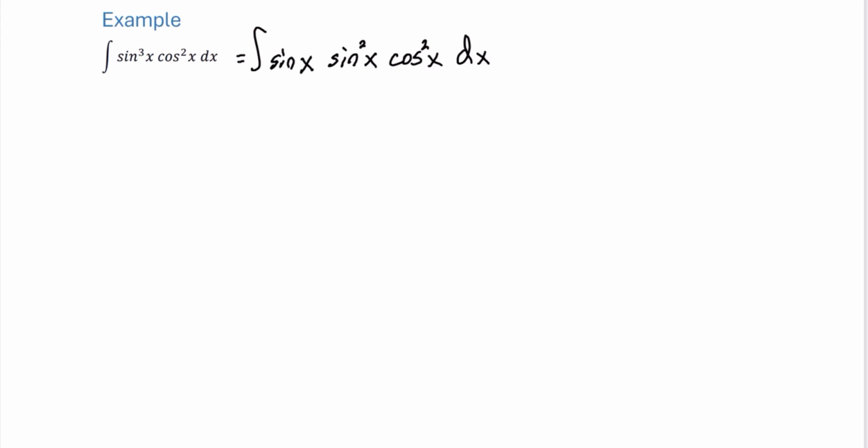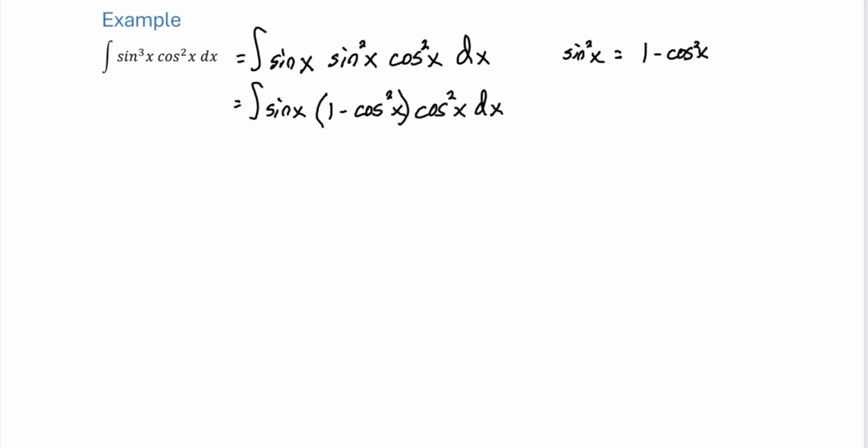We can use the fact that sine squared x is 1 minus cosine squared. That's your Pythagorean identity. So we now have sine x, replace sine squared with 1 minus cosine squared x, and then cosine squared x, we'll just pull that down and drop down dx.